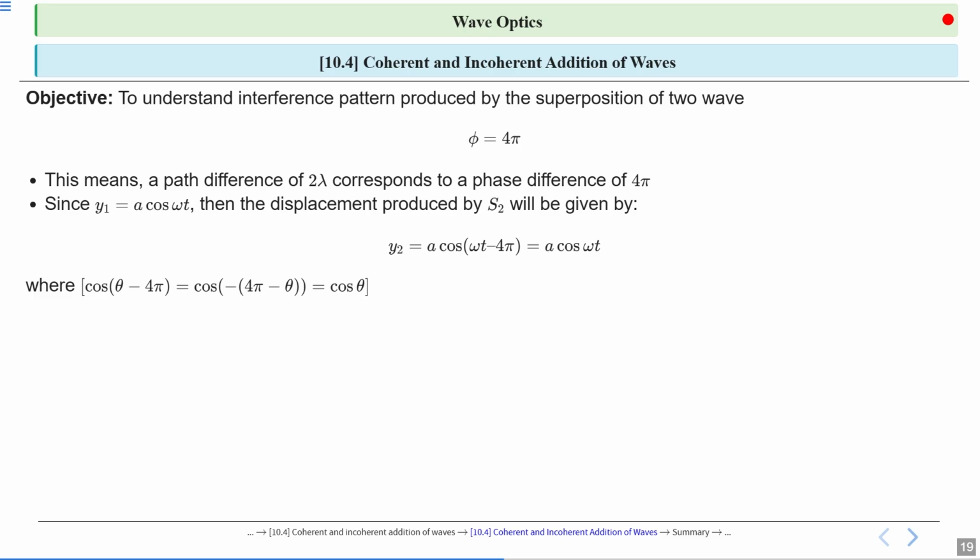So y2 is equal to a cos of omega t minus 4 pi, which is equal to a cos omega t again. Why? Because cos of theta minus 4 pi equals cos of minus 4 pi minus theta, taking the negative sign common, so theta minus 4 pi becomes minus 4 pi minus theta.